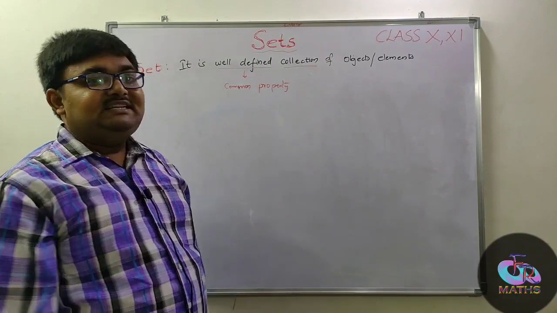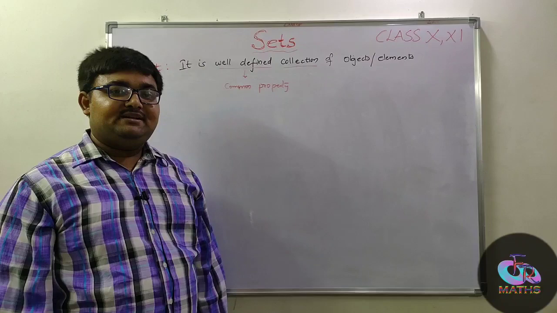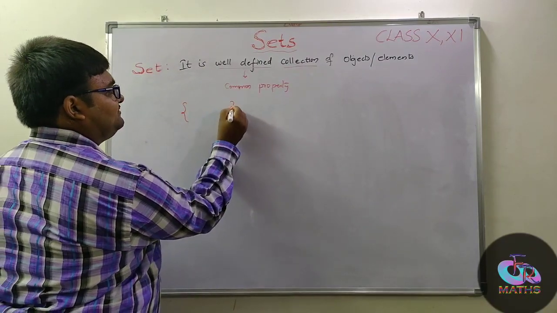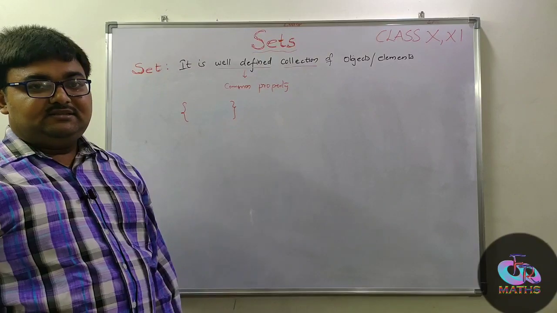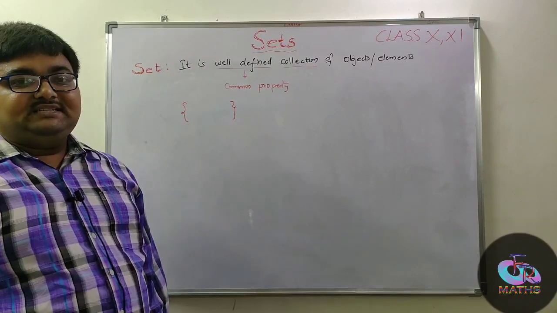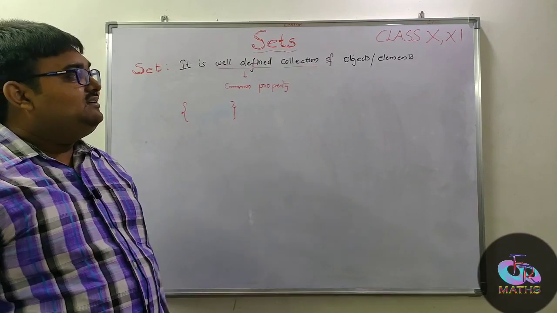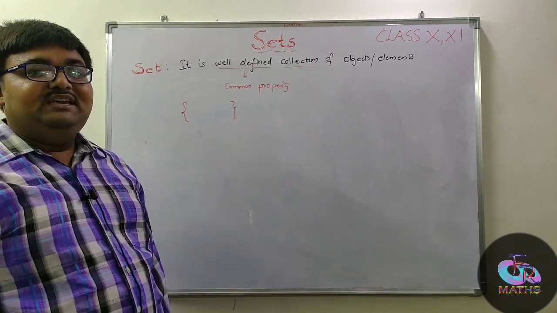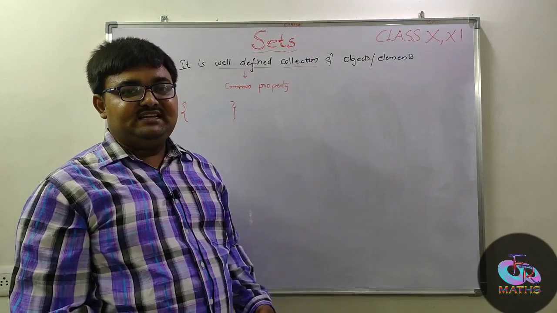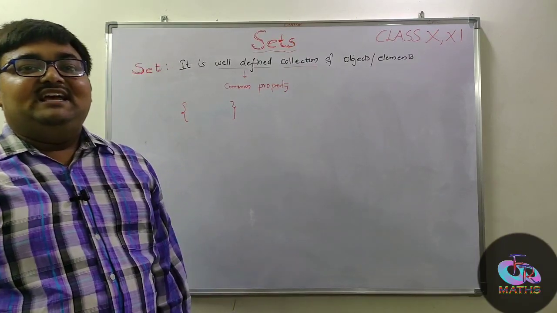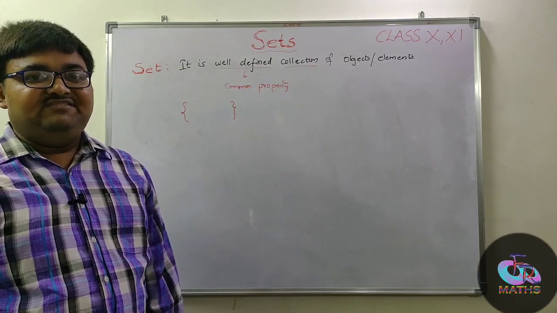Now, how to represent a set? A set is generally represented within braces. Inside these braces we are going to write the elements. Each and every object which we collect and write is called an element of the given set.